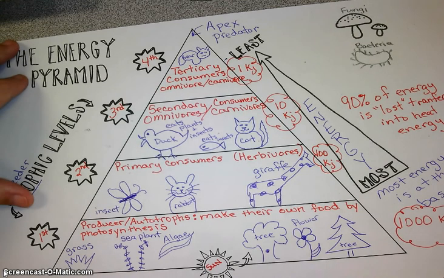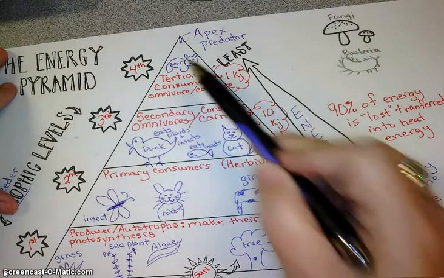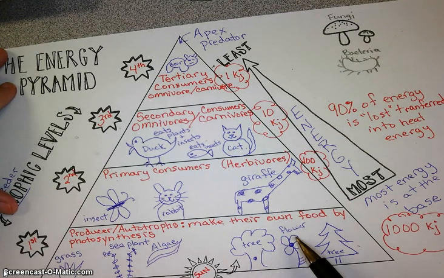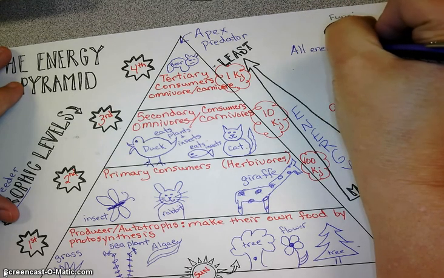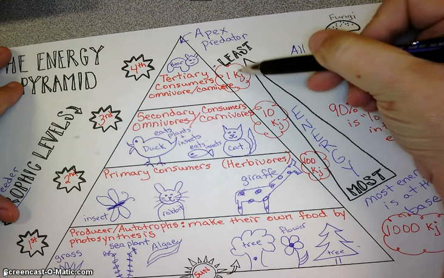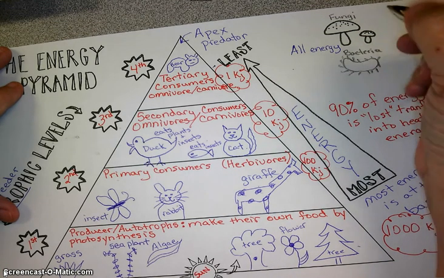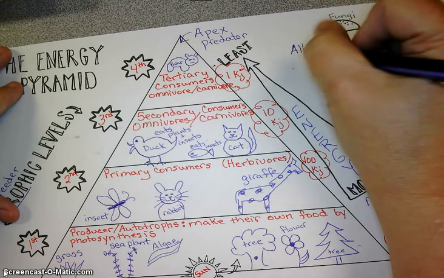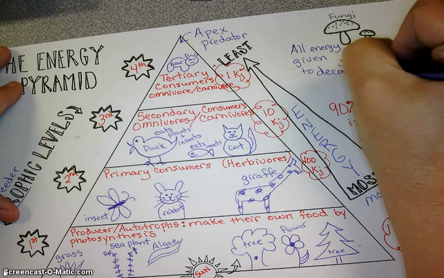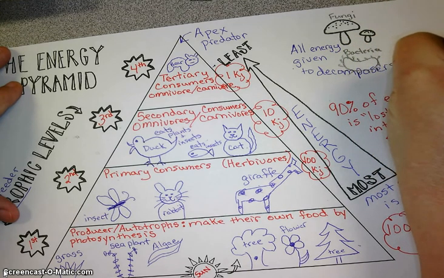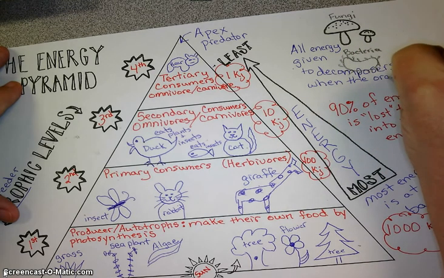Now, at any point, these can all die, and if they die, all of their energy at whatever level they're at, so if this one had 1 kilojoule or 10 or 100 or 1,000, all of that energy is given to decomposers when the organism dies.